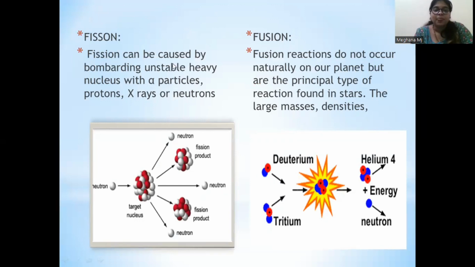Fission can be caused by bombarding an unstable heavy nucleus with alpha particles, protons, X-rays, or neutrons. Fusion reactions do not occur naturally on our planet, but are the principal type of reaction found in stars, with large masses and densities. This is the fission diagram, and this is the fusion diagram.